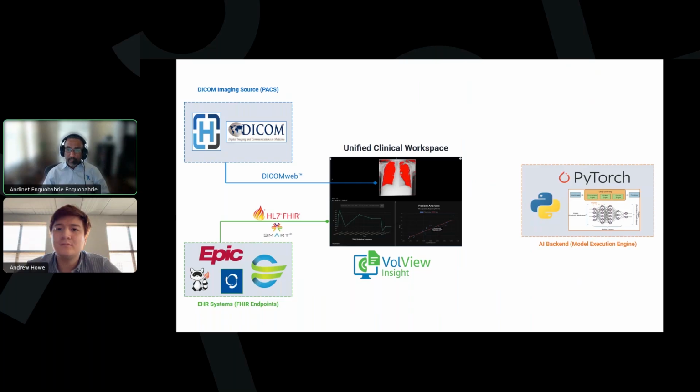And then on the other end, you have your AI backend. This AI backend can be running PyTorch-based inference servers and models, as we just talked about, MONAI or MedGemma. And the communication will be through remote procedure calls over WebSocket communication.